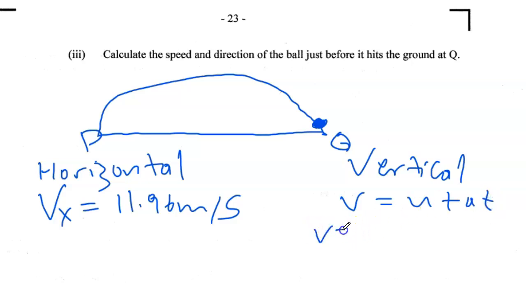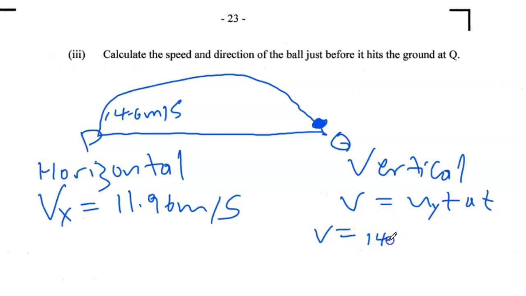So V. Remember the initial speed was 14.6 meters per second at 35 degrees. So this would be 14.6, and we're taking the vertical component of the speed, right?